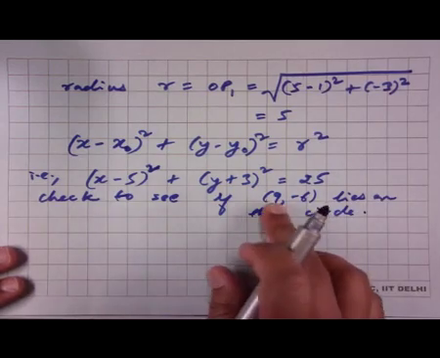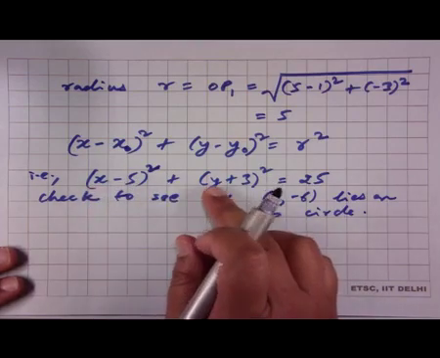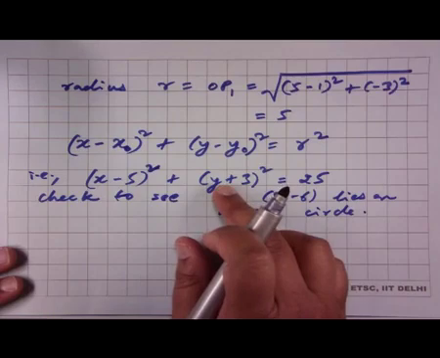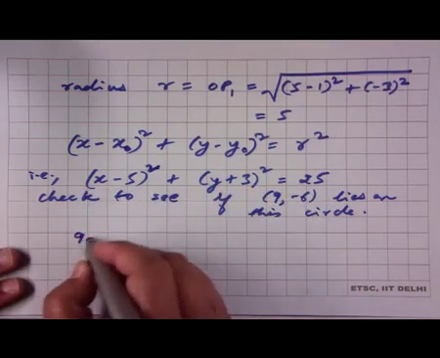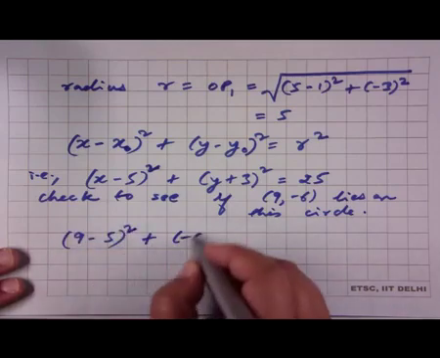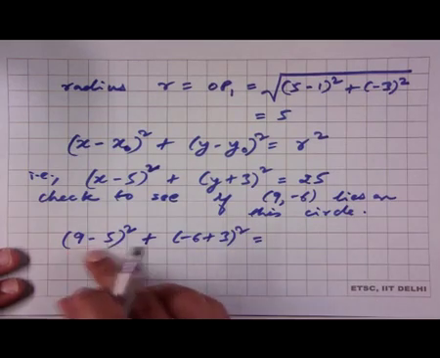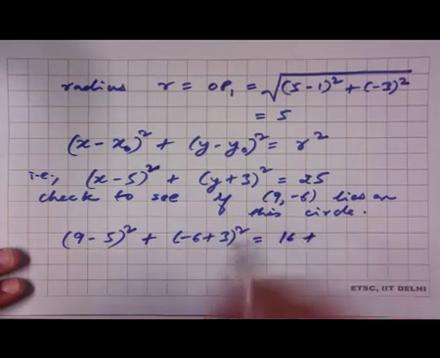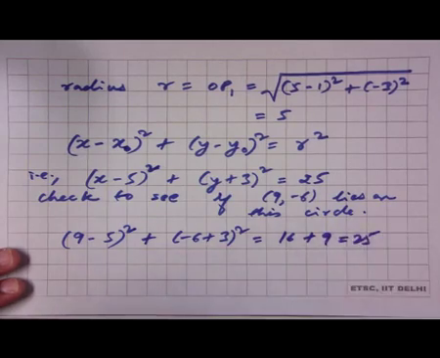So, if we put x equal to 9, y equal to minus 6 on the left hand side, we get 16 plus 9, which is 25.